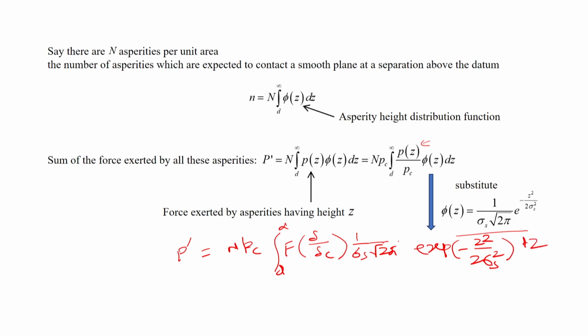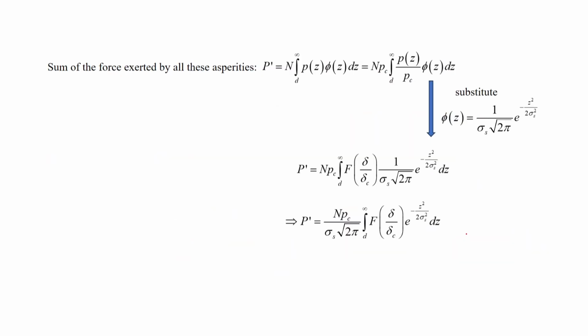So, remember this sigma s is the standard deviation of this distribution. So, this shows that for the height variation between these asperities, that part it takes into account. So, we have this equation.